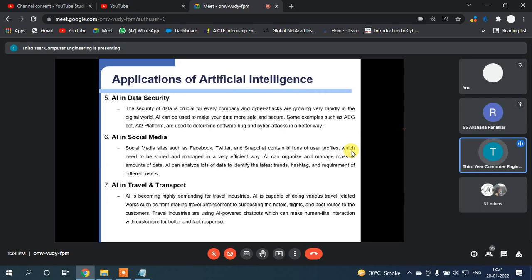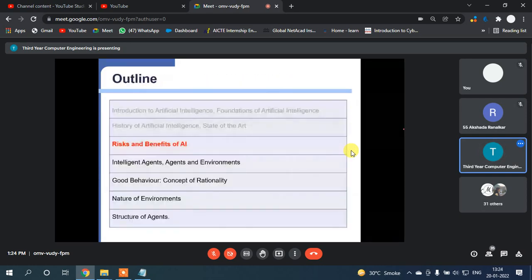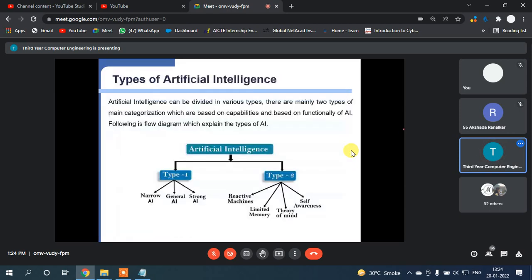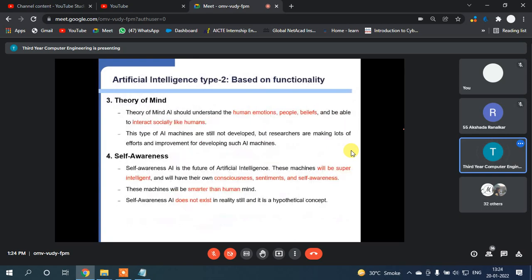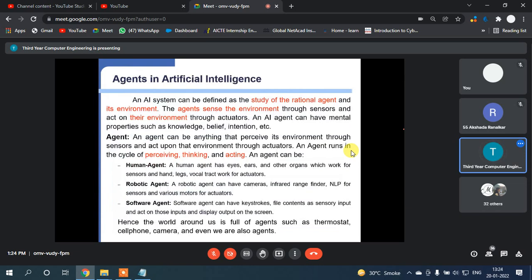These are the applications of AI. After that, we have seen the risks and benefits of AI. Then types of AI: narrow AI, general AI, weaker AI, then super AI. Then we have seen the concept of agent in AI.